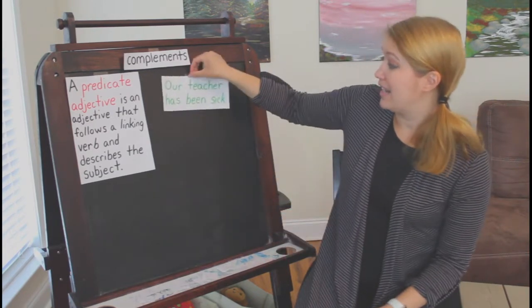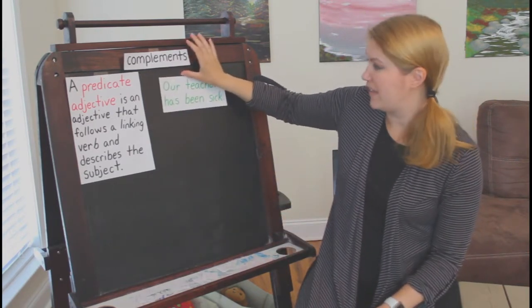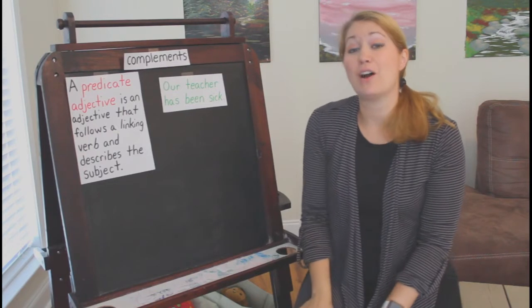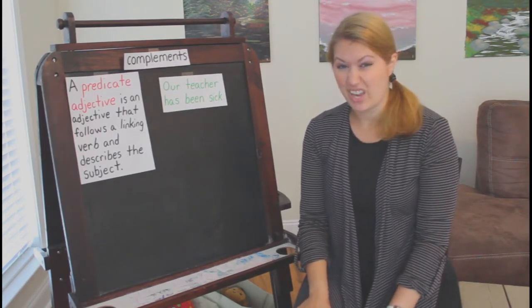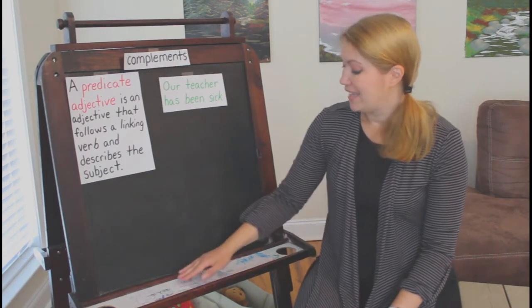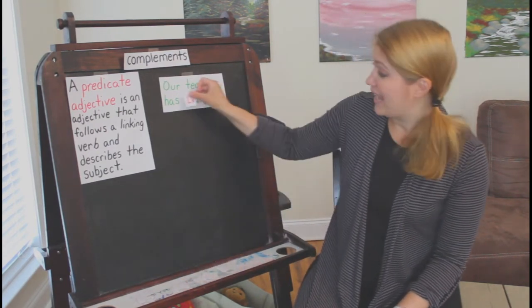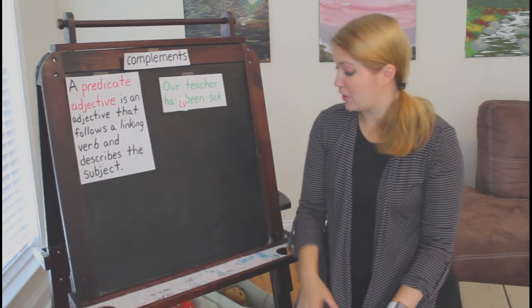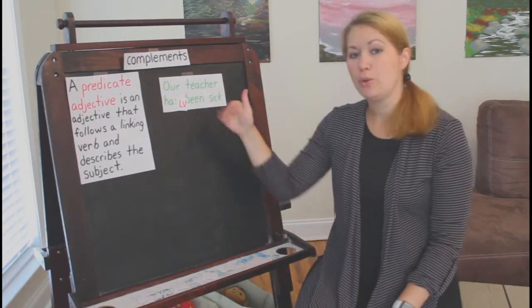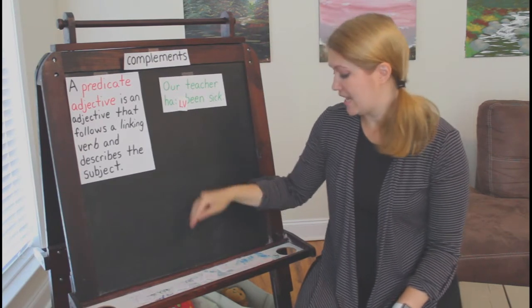Our teacher has been sick. Okay, what is our verb? Oh, we've got our verb phrase here. We've got two words. Has been. So we've got two words here for our linking verbs. Who has been? Teacher has been.